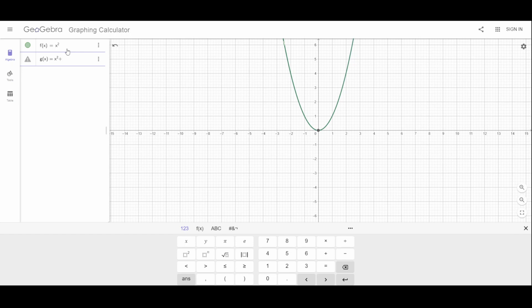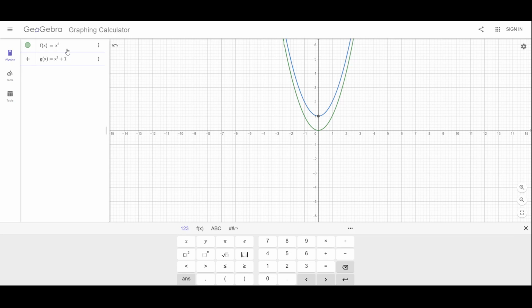My function still has x squared in it. It's just that now every function value that I get out, I'm going to add 1 to whatever the value was before. So whenever I add 1, it actually takes my entire parabola and just shifts it up by 1. So now my vertex is at the point 0, 1, but everything else is exactly the same. Everything has just been shifted up by 1 point.